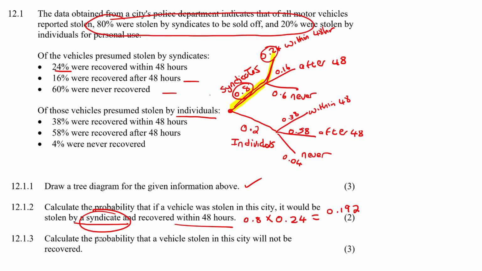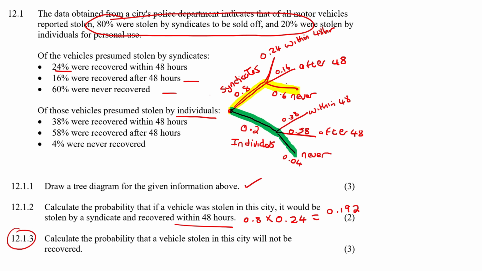Now calculate the probability that a vehicle stolen in this city will not be recovered. So where do we find the not recovered parts? Well, that would be there and there.